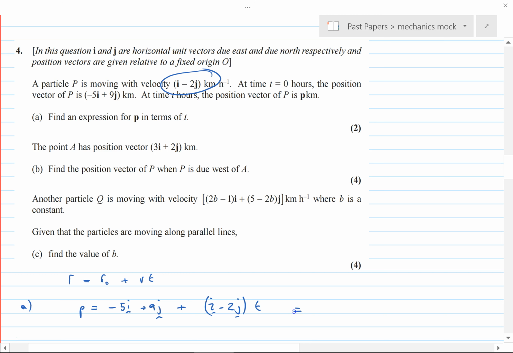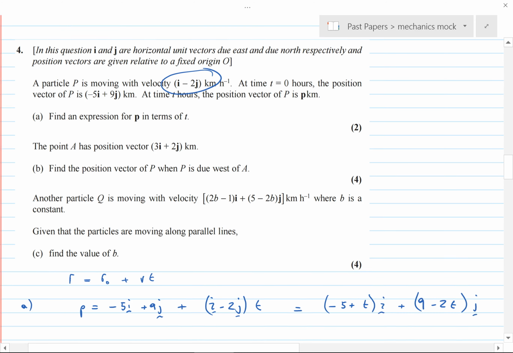Okay, and that's it. I'm going to collect the i's and j's together just to make the next part easier, because it's almost certainly going to be useful. Here's 9 minus 2t j. There we go, that's that done.